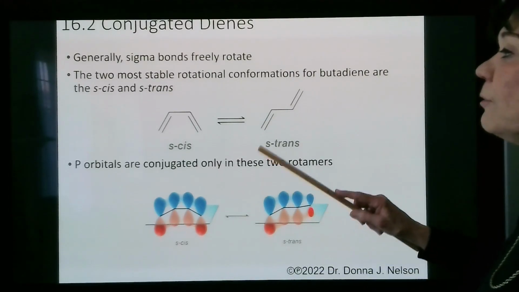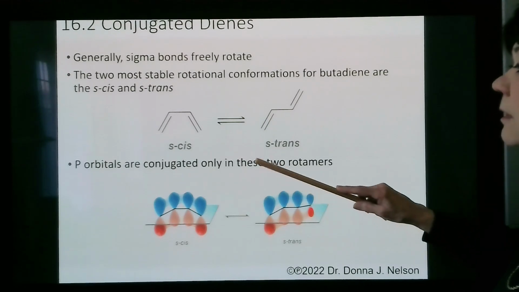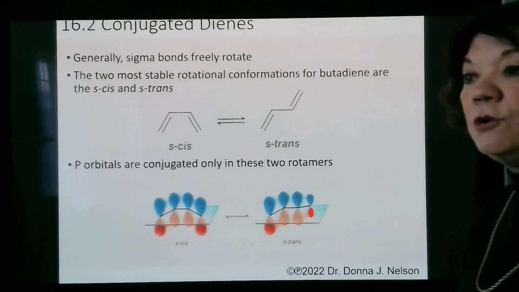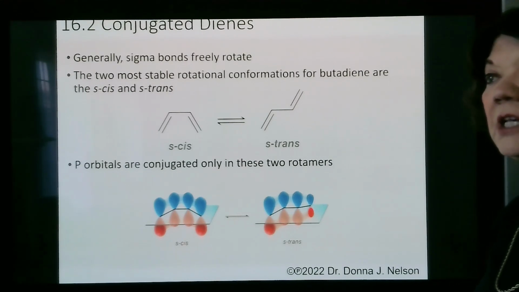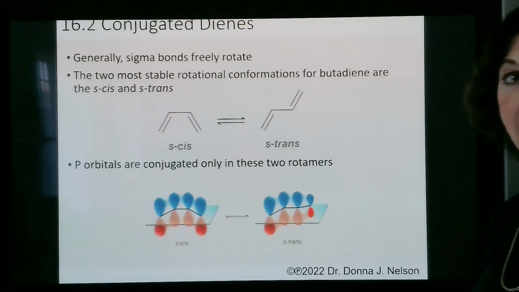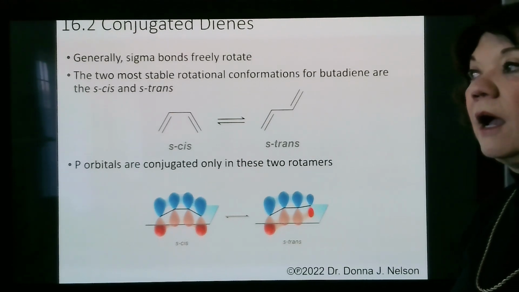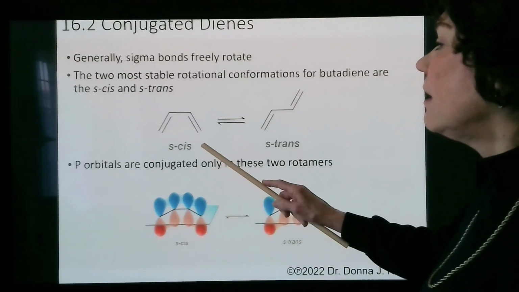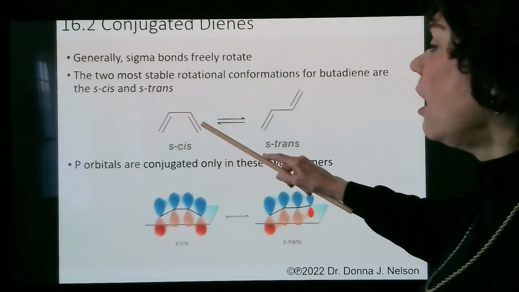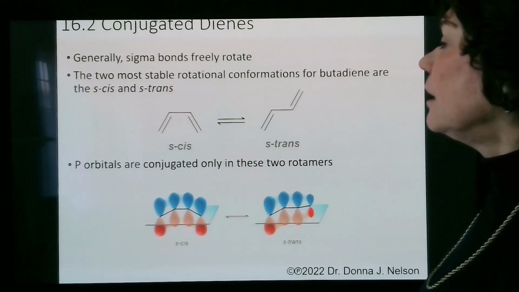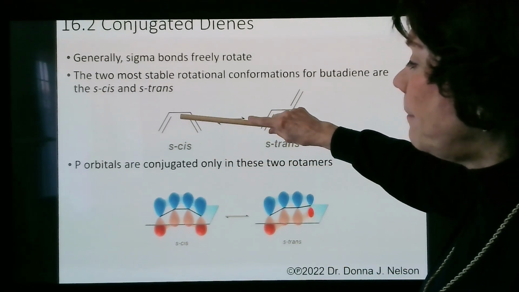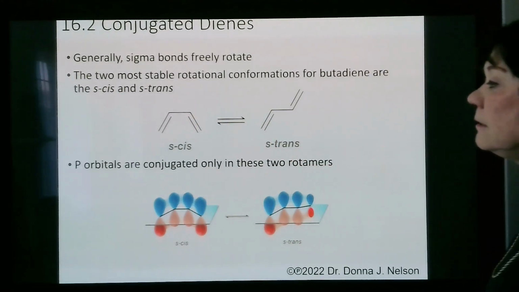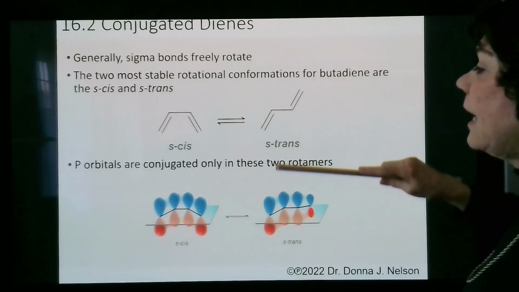Sigma bonds freely rotate, as you remember. So, for example, in butane, where there are no pi bonds, there's free rotation about all of the carbon-carbon single bonds. But when we have this conjugated diene, there's still rotation about the carbon-carbon sigma bond, the carbon-carbon single bond.